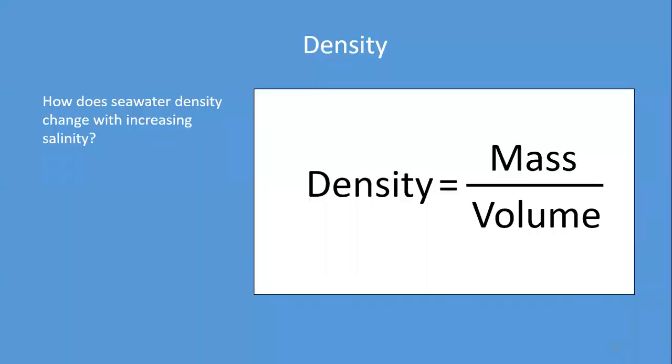Density. Question: how does seawater density change with salinity? Using the density formula, where density equals the mass per unit volume, salt, or NaCl, is the represented mass, while seawater is the density in question.